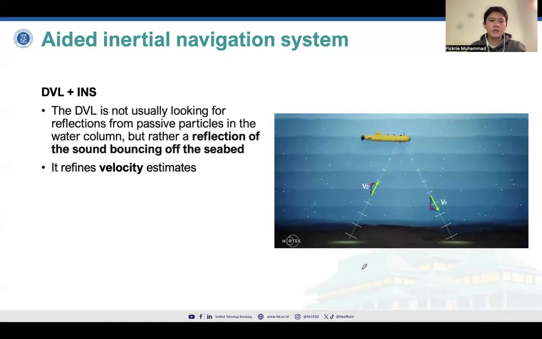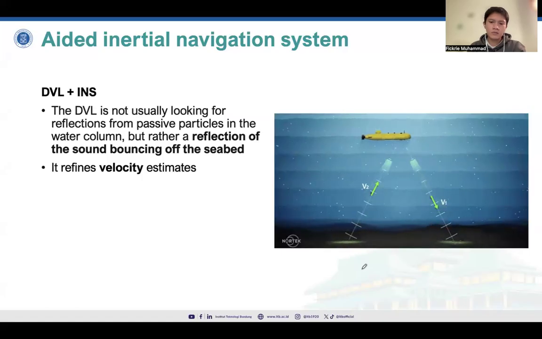So this is, for example, the DVL and INS. DVL, Doppler velocity log, is basically somehow the same as ADCP. You probably already heard about that in the hydrography lectures. The difference is that the ADCP normally measures Doppler shifts to measure the speed of current, right?